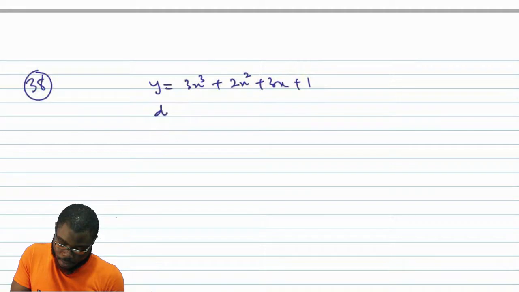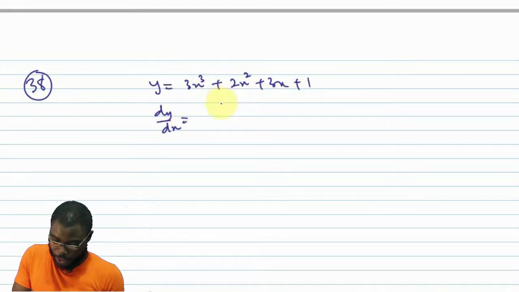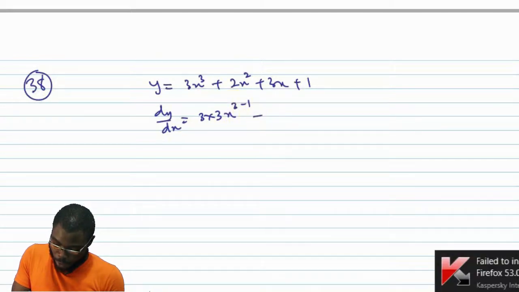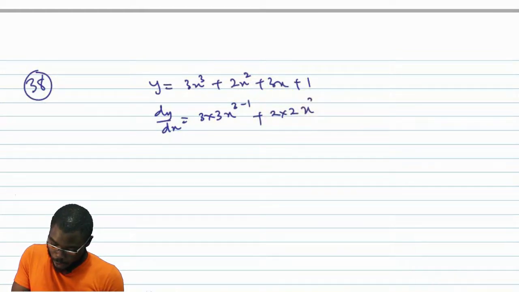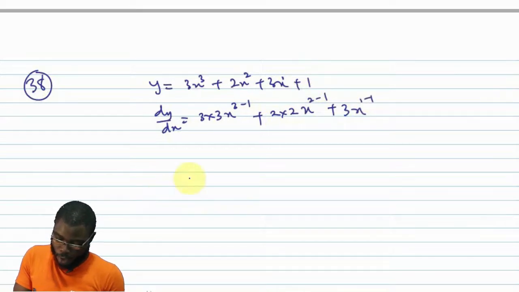So for dy/dx, just like you've been solving differentiation, you multiply by these coefficients. We have 3 times 3x raised to the power 3 minus 1, plus 2 times 2x raised to the power 2 minus 1, plus the power here is 1, so 1 times 3x raised to the power 1 minus 1, and then this constant is 0 when you differentiate it.